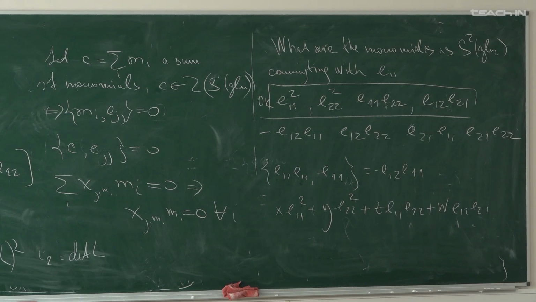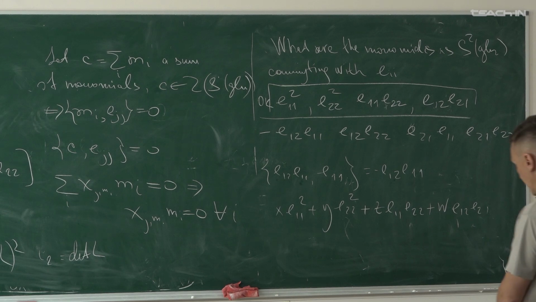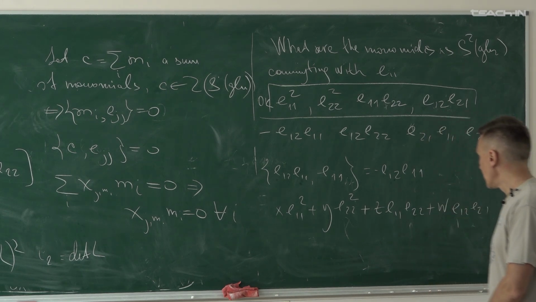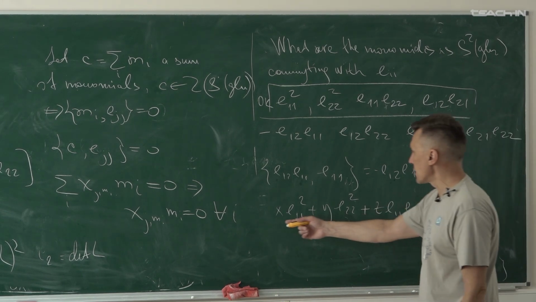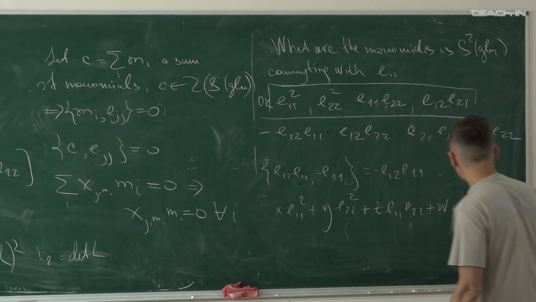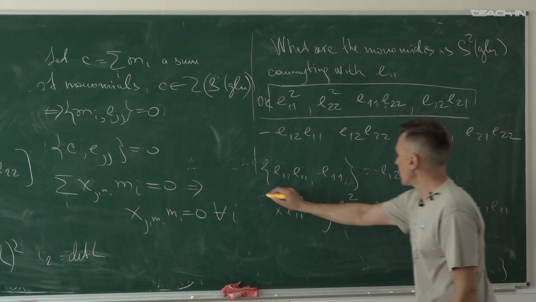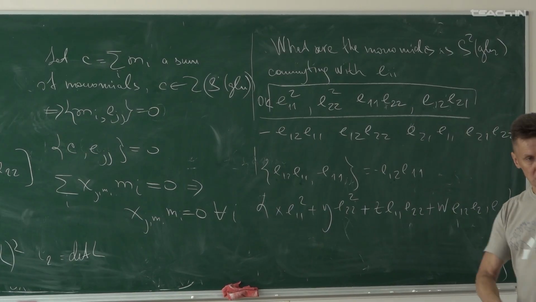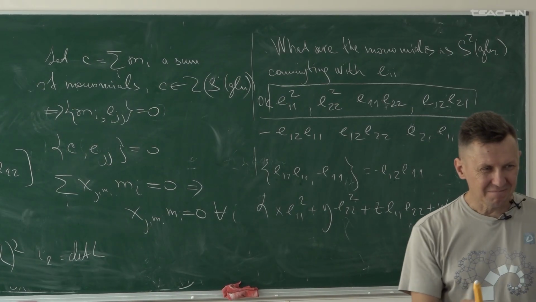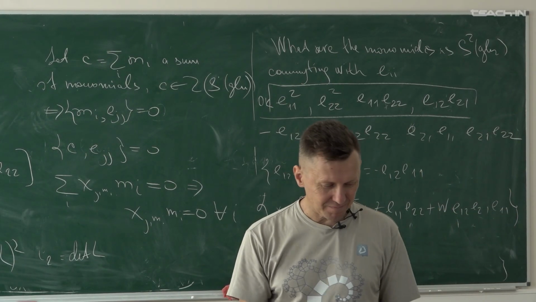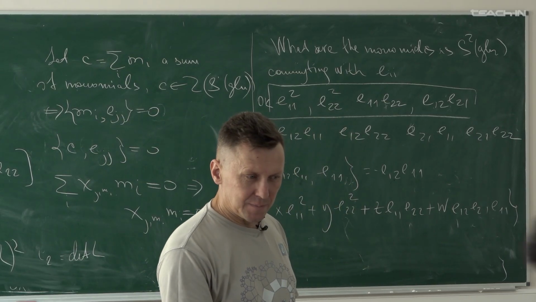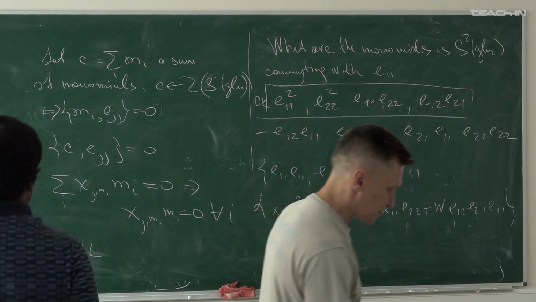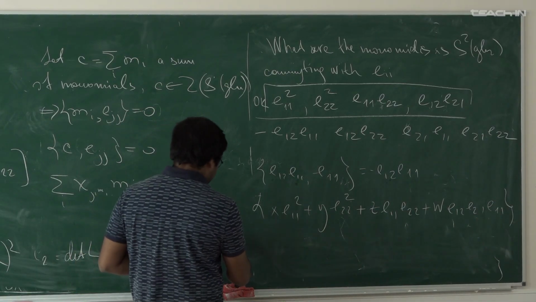So how can we find these coefficients? We commute every monomial with the central elements E11 and maybe also E22. For example, we calculate this commutator with E11. What do we obtain? So, let's calculate it.